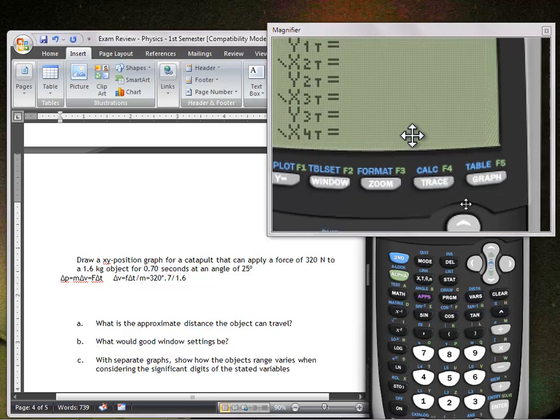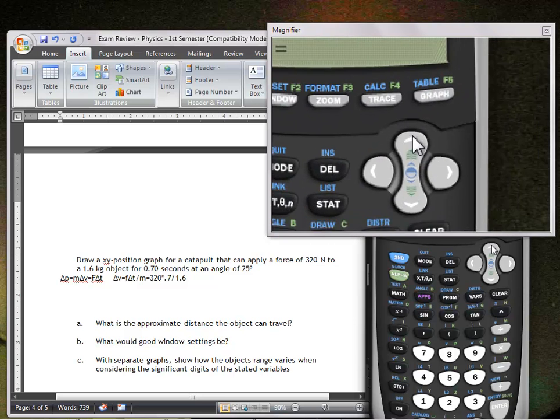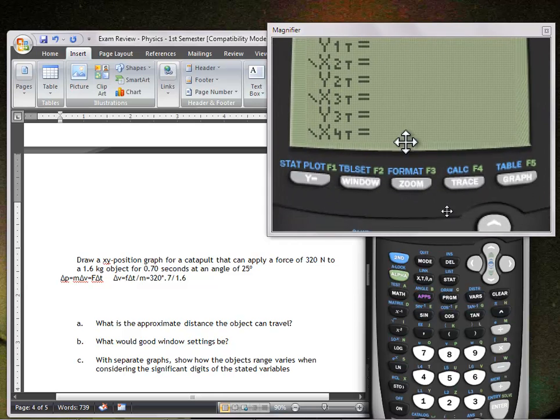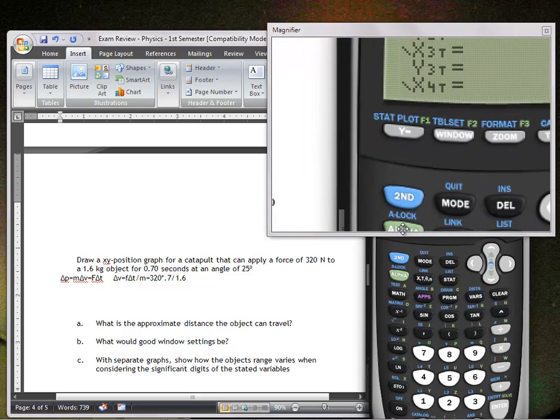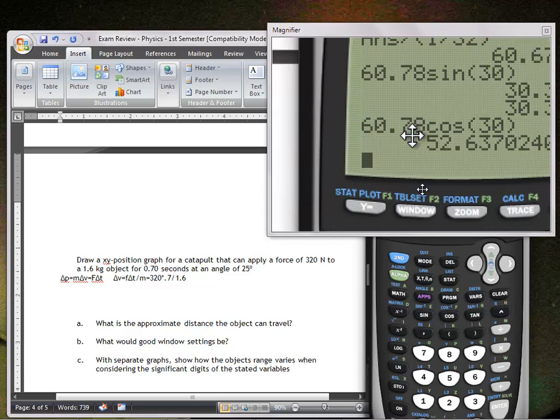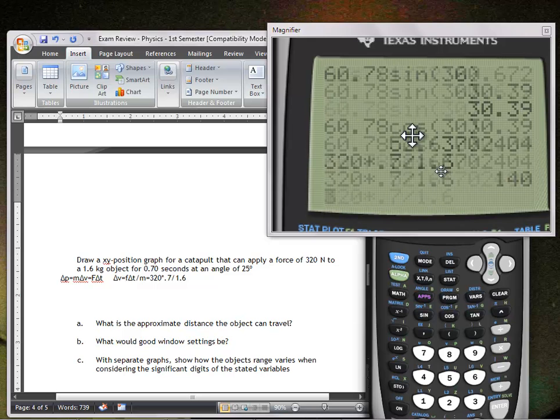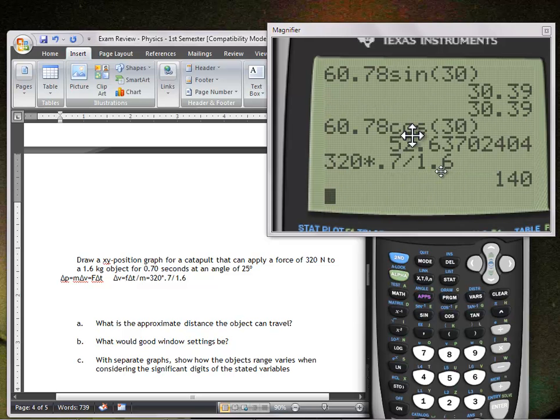Actually, I need to get out of this mode a second. Clear. And get out to regular y equals mode. That's 320 times 0.7 divided by 1.6. So the velocity that we're going to be throwing our object out at is 140, and this is the metric system, so that's 140 meters per second.